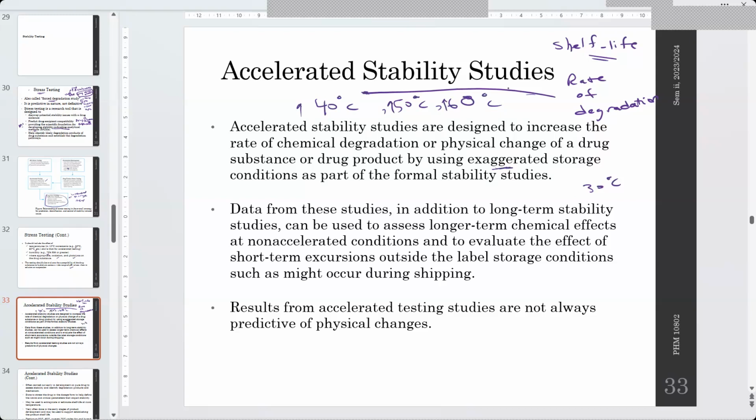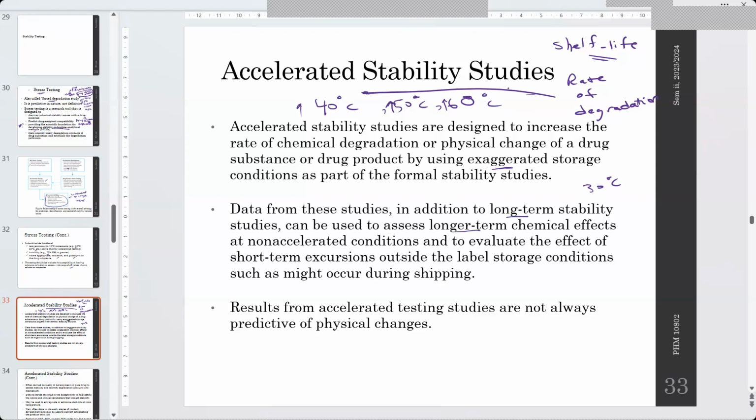So it can help us to do the study in a shorter time. And the data from this one, in addition to the long-term stability studies, can be used to assess long-term chemical effects at non-accelerated conditions. How? I will explain to you.